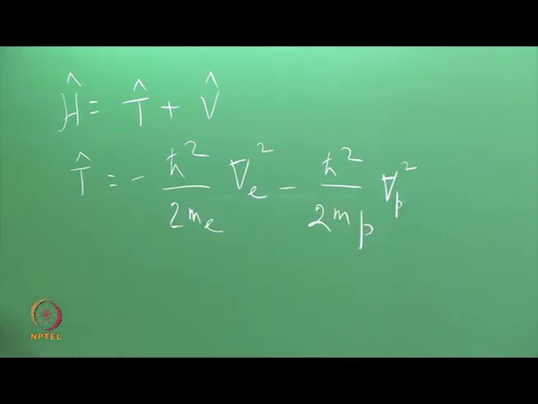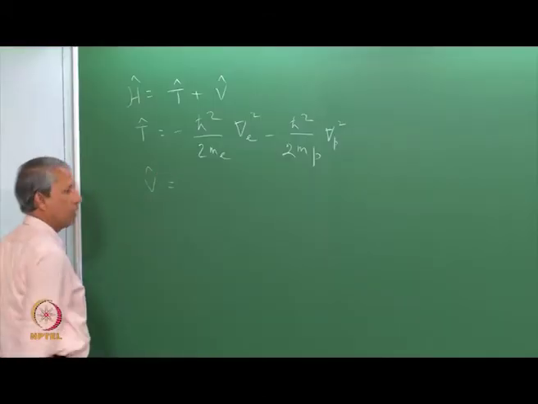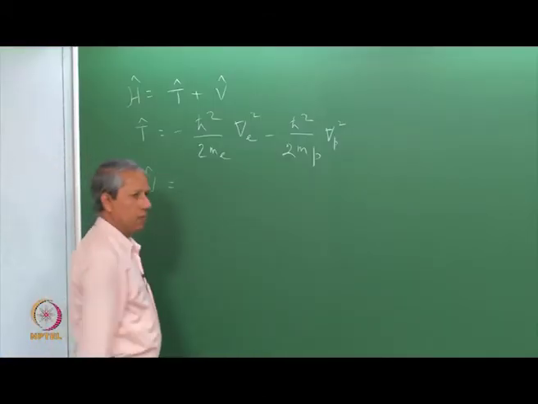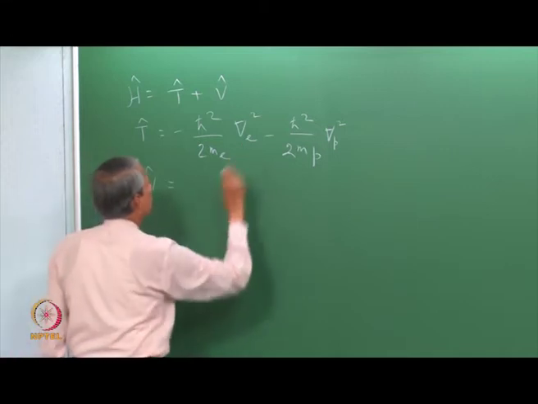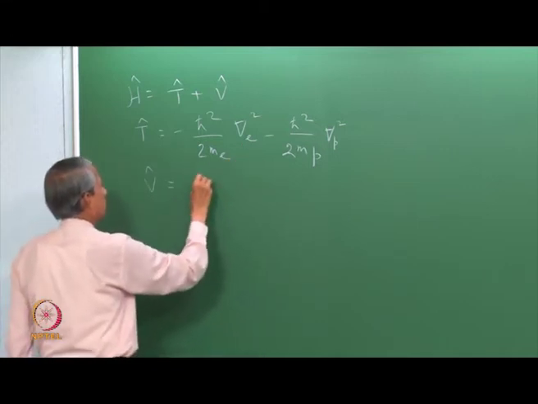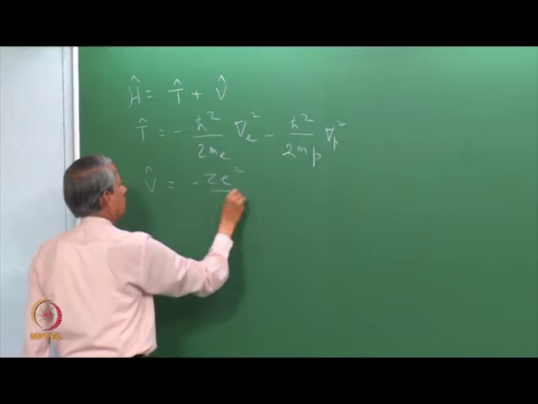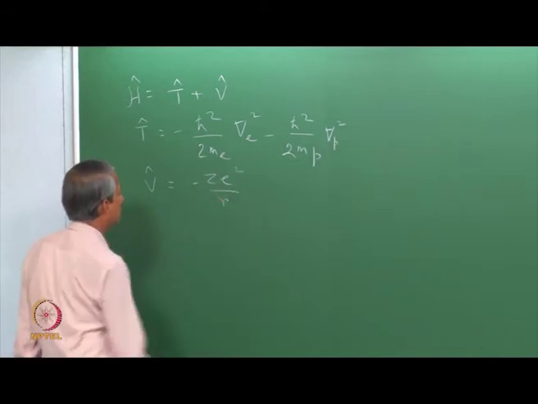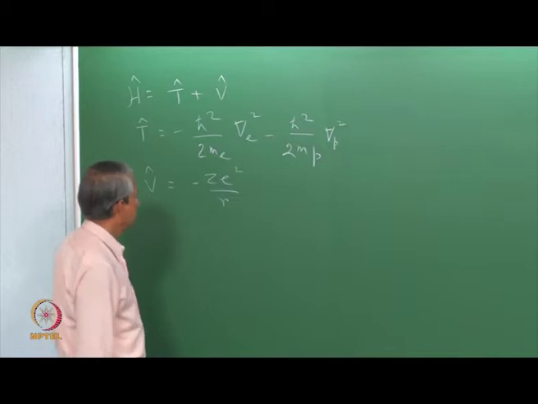and the potential energy V is the Coulomb attraction between the two. So, this is minus Z e square by R, where R is the distance between the electron and proton.